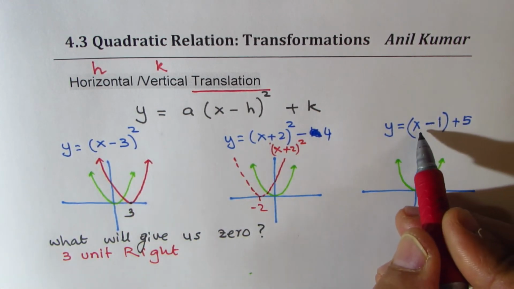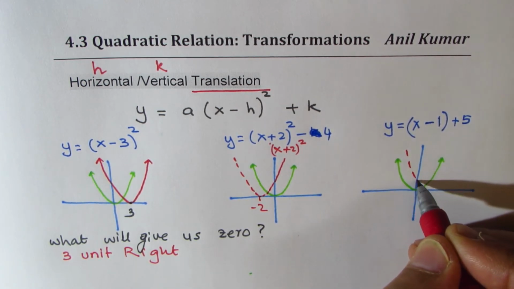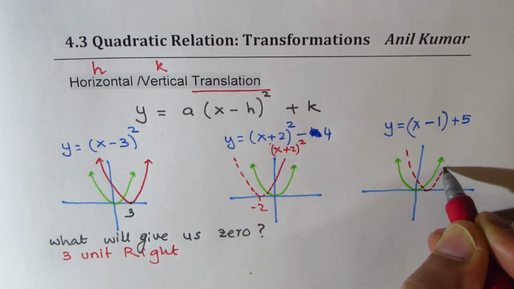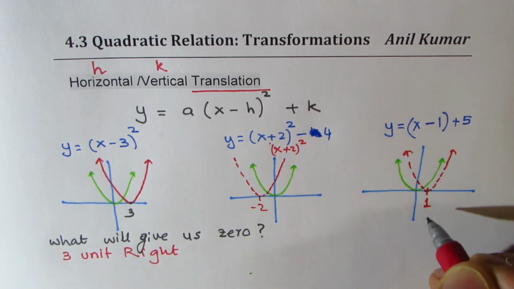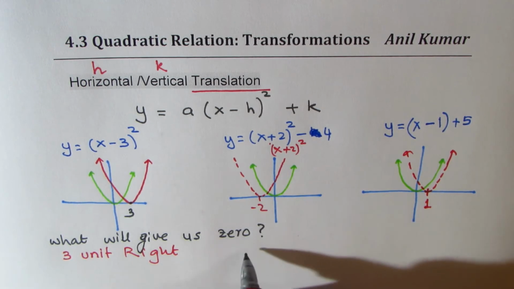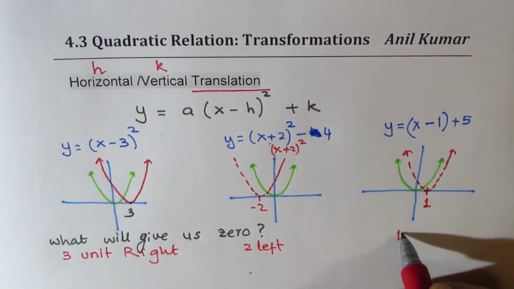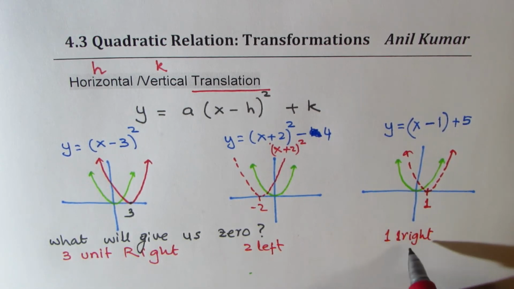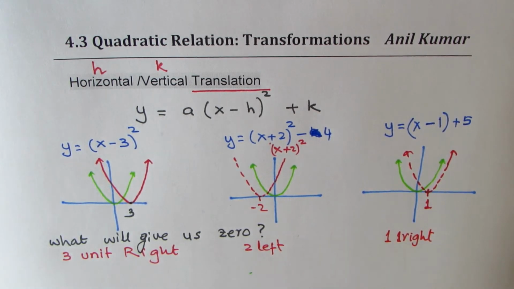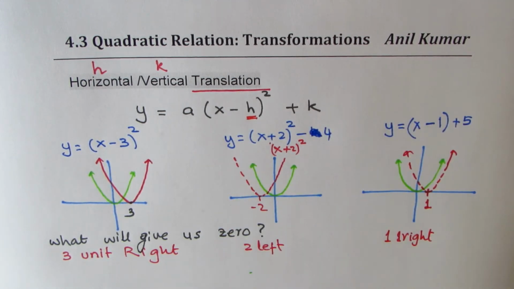And now, what will give you 0? 1 will give you 0. So this will get translated to the position which is at 1. Does it make sense, right? So here we get 2 left. And here we get 1 right. Okay, 1 right. Does it make sense to you? So we have analyzed the horizontal translation part.